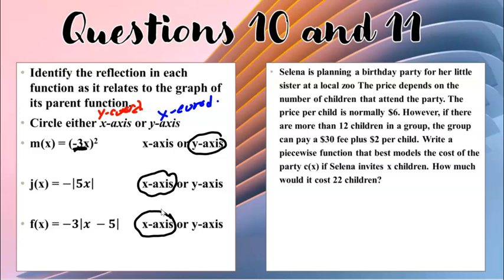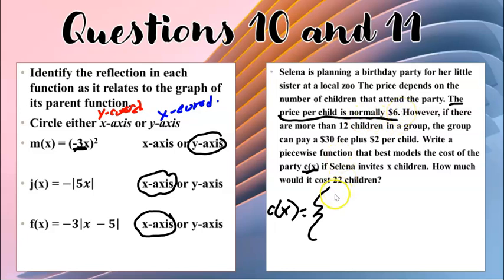So the first thing I'm going to do is create my piecewise function. We're going to use C of x because that's what they're giving us. So we would have C of x equals, and then we have our piecewise function. The first part says the price per child is normally $6.